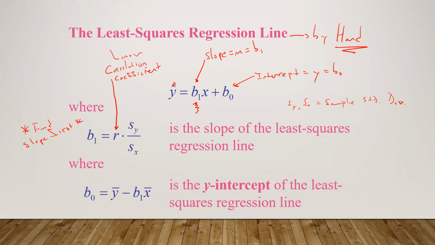When you see the subscripted Y, that means it's the standard deviation for the Y values. When you see it for the X, that means it's the standard deviation for the X values. So it's R times the standard deviation of your Y values divided by the standard deviation of your X values. Next, after that, you find the intercept.